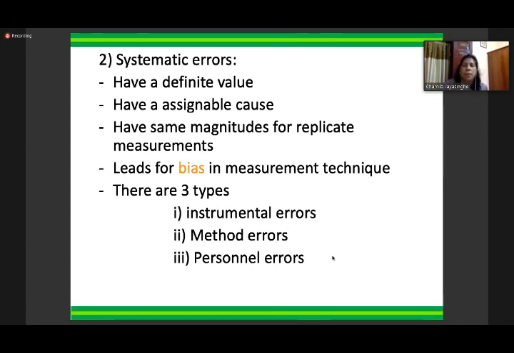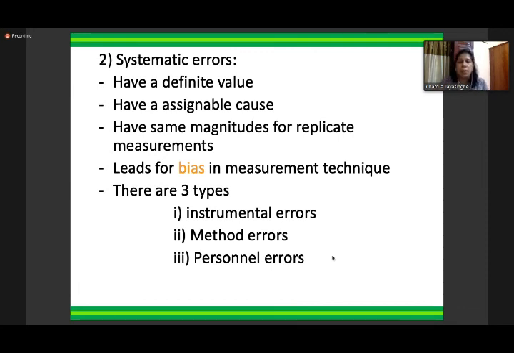Then the personal error. Sometimes when the hand shakes when they are going to measure the sample, weigh the sample, it shakes. I don't think that there are some people among you regarding the personal errors.